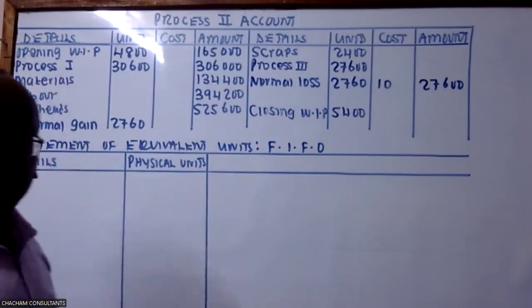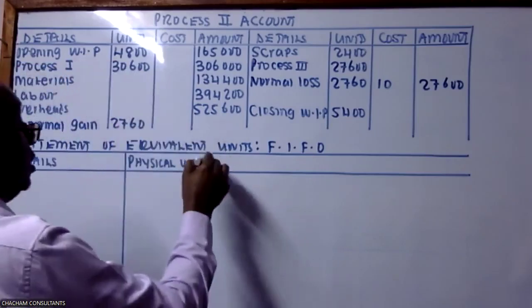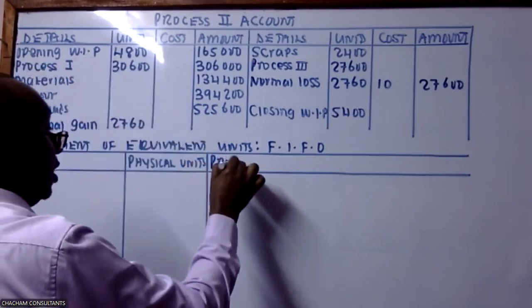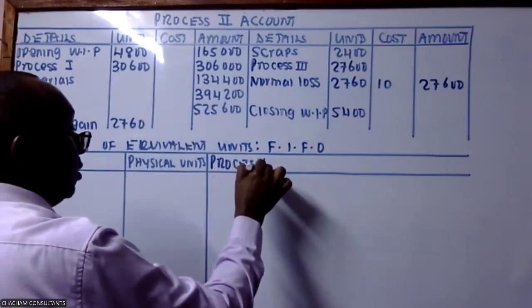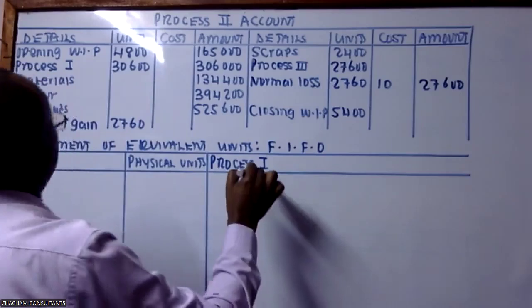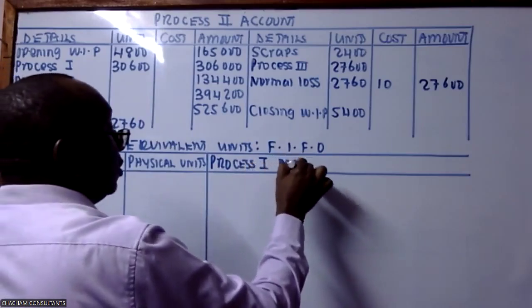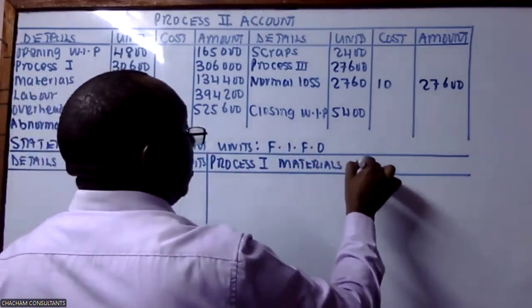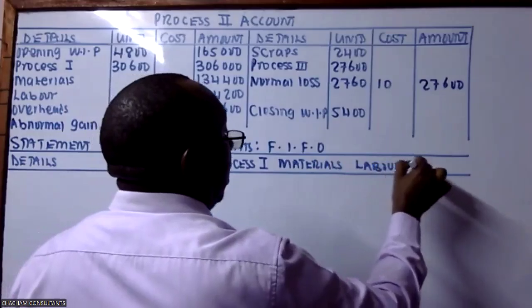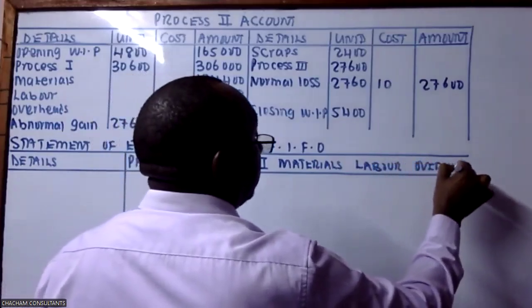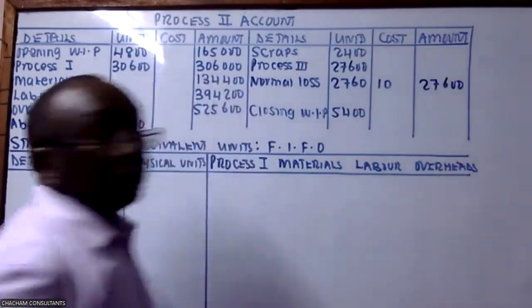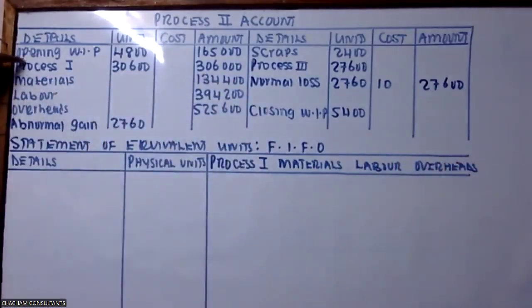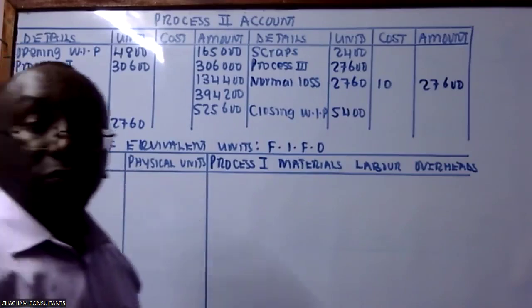Some people call it previous process, but I just want to put it the way it appears on our account. Process one, we have materials, labor, and overheads. So these items that are here, excluding the opening work in progress, are the ones that come to form the columns.